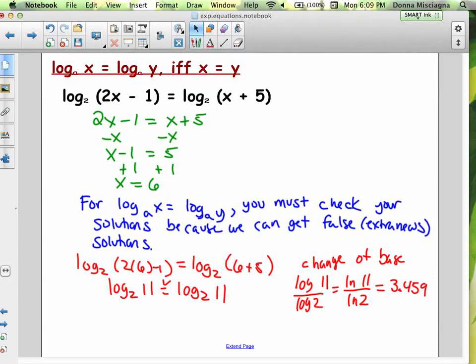However, if we take a log of a negative, that is not a real number. So anytime you've got log in one base equals log in the same base, all you have to do is drop the logs, set what follows equal to one another, solve for your variable, but don't forget to check and make sure you get a real number.